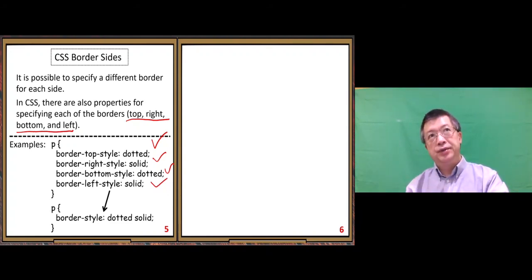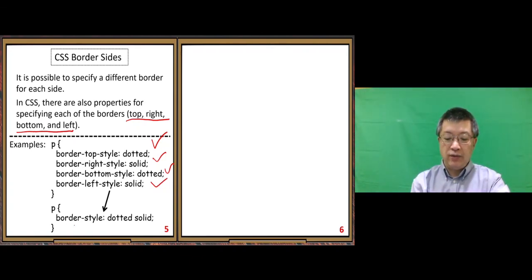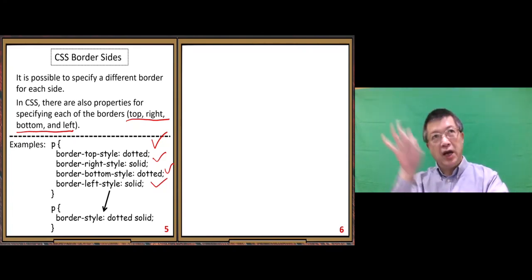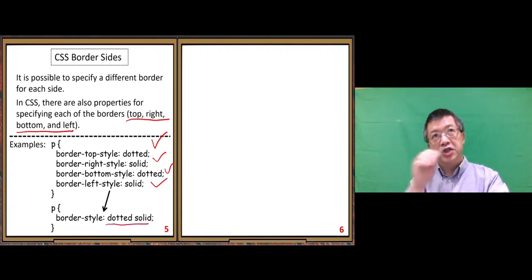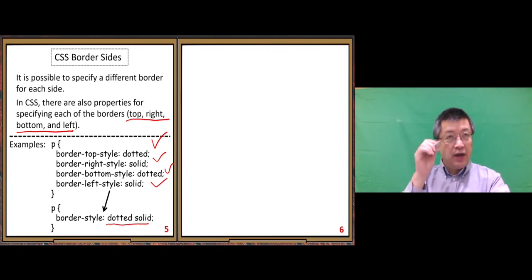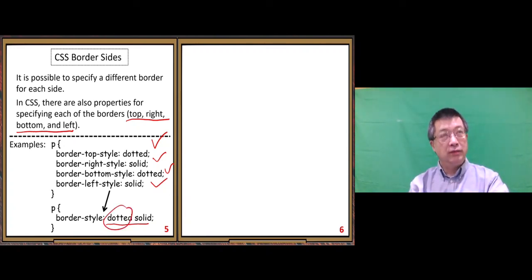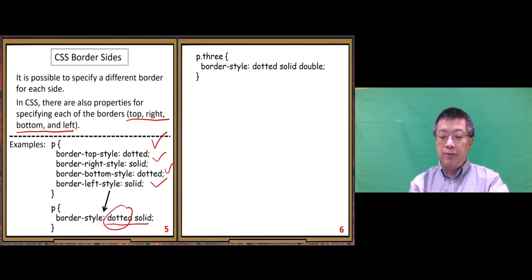sometimes people like to represent it in the short way, like this, okay? Shorthand way. All right, so for the style, you do not specify which side, so you consider the 4 sides altogether, but you just give 2. There are 4 sides, you just give 2, okay? If you give 2, you still have top. When you try to get the top, you have it. Try to get the right, you have it.